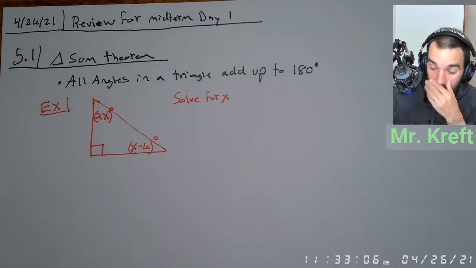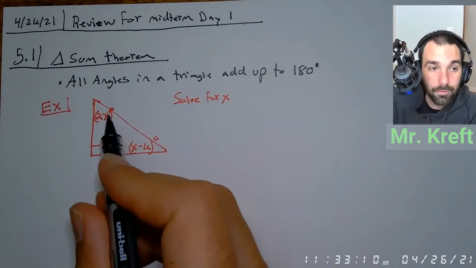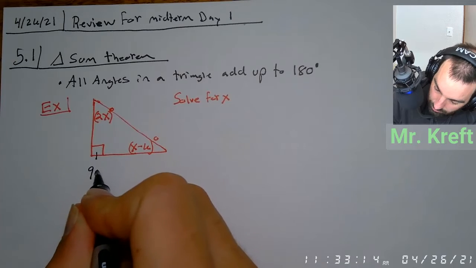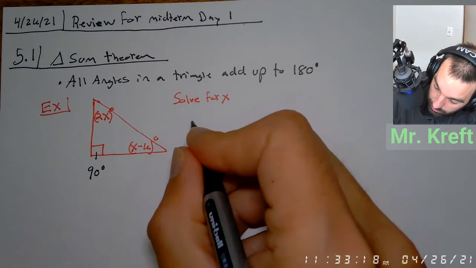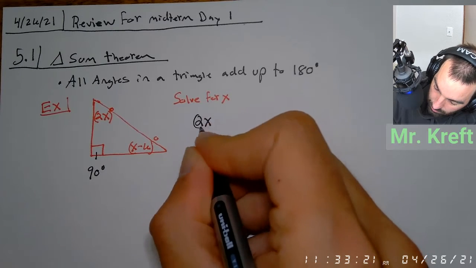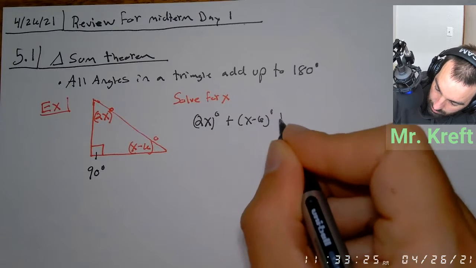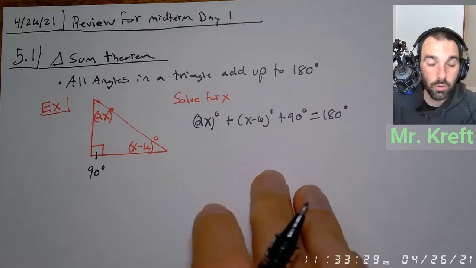Again, the sides never add up to 180, the angles do. So I have 3 angles here. Remember that this box represents 90 degrees. And then we can just say that 2x angle plus that x minus 6 angle plus the 90-degree angle equals 180 degrees.